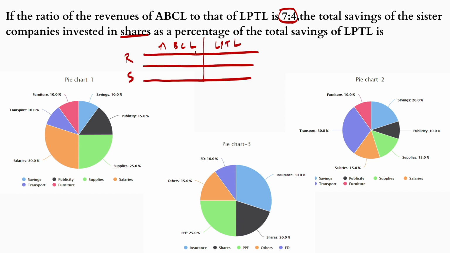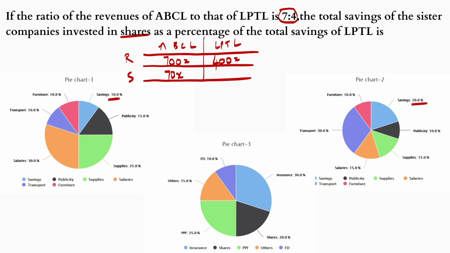The revenue of ABCL is 7 and the revenue of LPTL is 4. For our convenience, we will assume this one as 700 and this one as 400, right? So what is the percentage of savings here? Savings of ABCL company is 10%. So 10% of 700 is 70, right? And what about the savings of the second company? It's 20%.